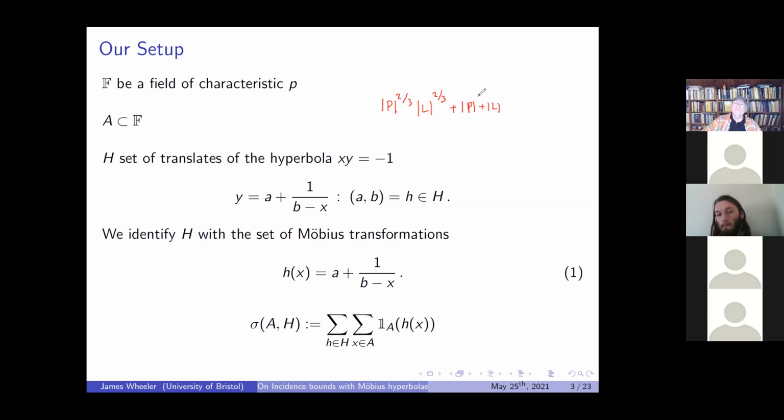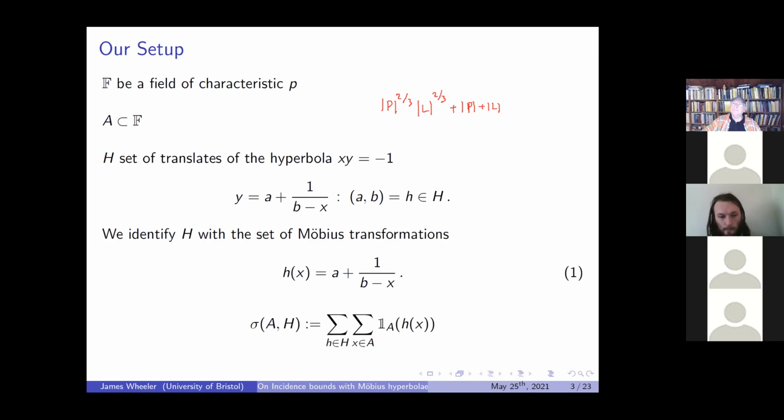We will also sometimes be thinking of these hyperbola as Mobius transformations. That allows us to use various other tools. And we will also sometimes consider them as translates by (a, b), so this is like a 2-parameter family. We consider these as almost points in some cases if we want to.